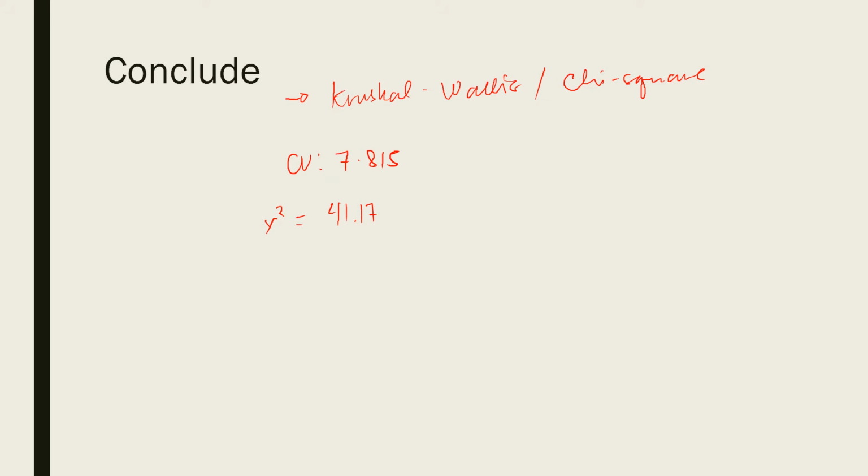If your chi-square, which is 41.17, is greater than our critical value, which is 7.815, then we have to reject the null hypothesis. So in this case, 41.17, which is our chi-square, is greater than our critical value. Therefore, we reject the null hypothesis. Okay?